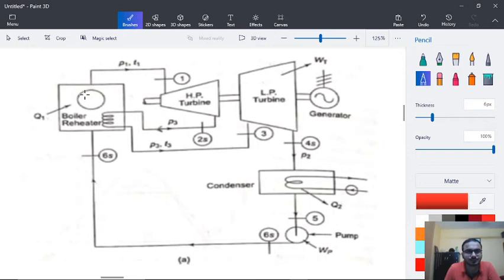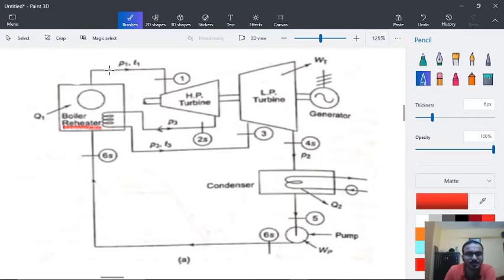Here we are not only having a boiler, but we are also having a reheater over here. The only difference which is coming is the reheater, as well as instead of one turbine, now we are having two turbines, that is HP turbine and LP turbine. HP means high pressure turbine and LP means low pressure turbine.